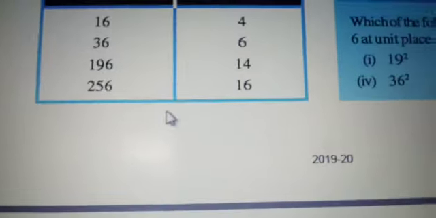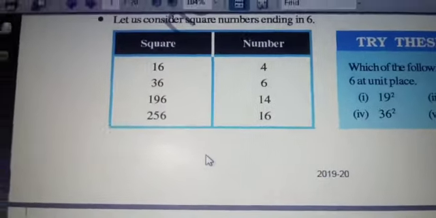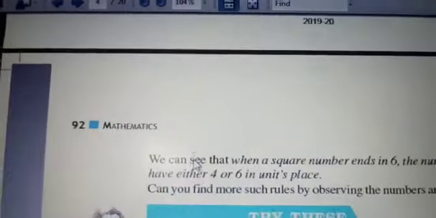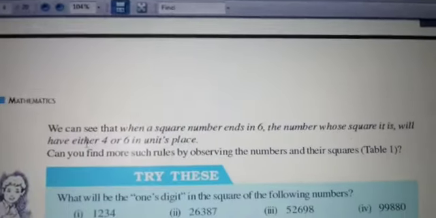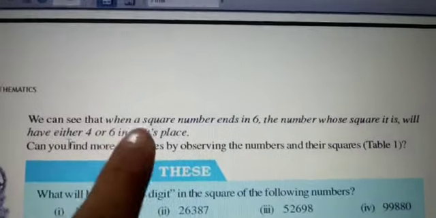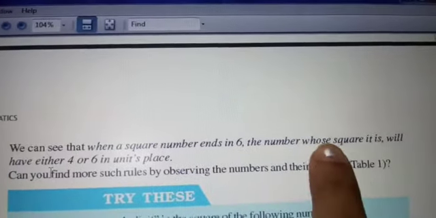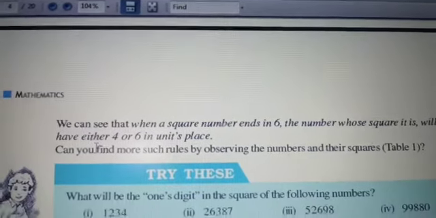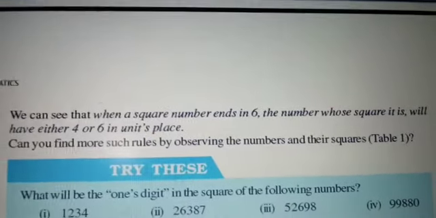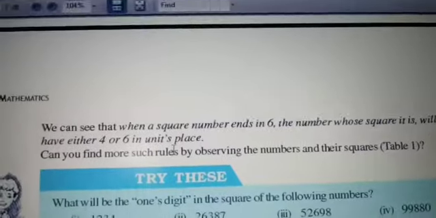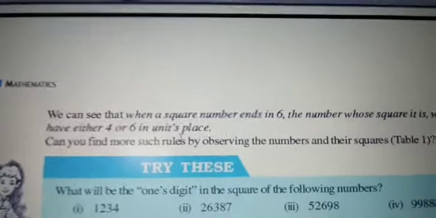So, if a square number ends with 6, then its number will always end with 4 or 6. We can see that when a square number ends with 6, the number whose square it is will end with 6 or 4 in the unit place. Unit place means what? Ones place. So this is your second rule.